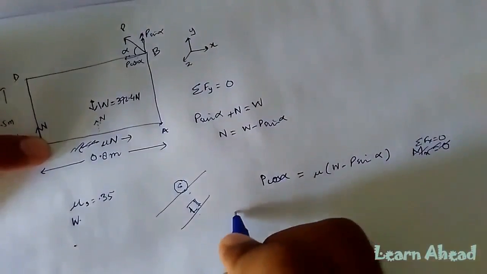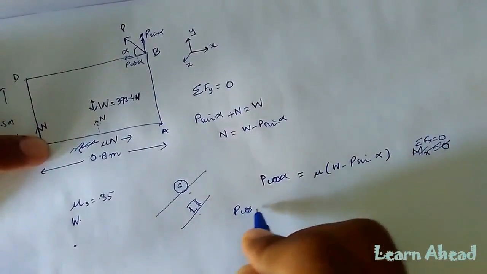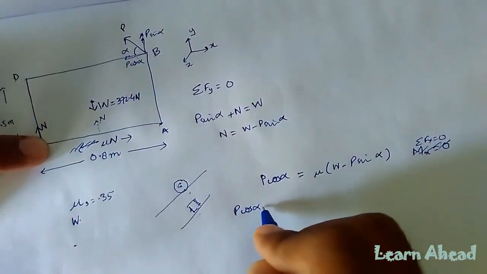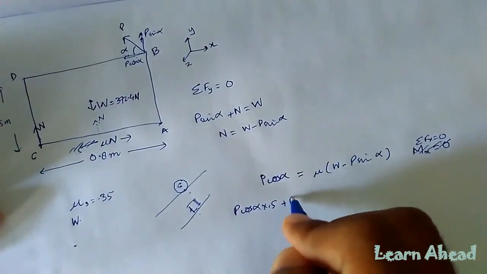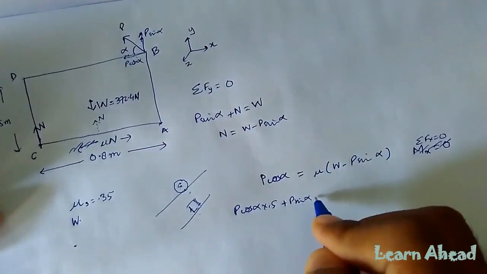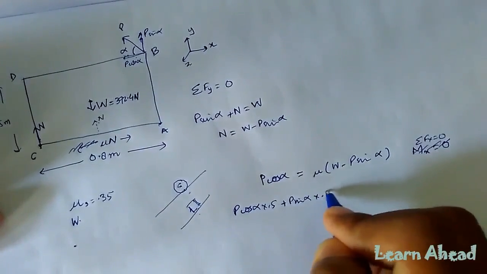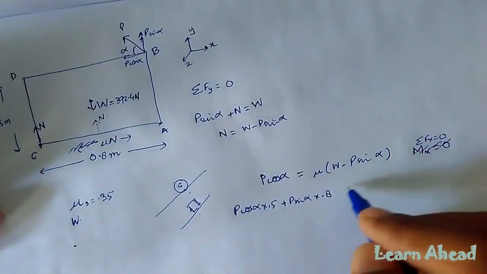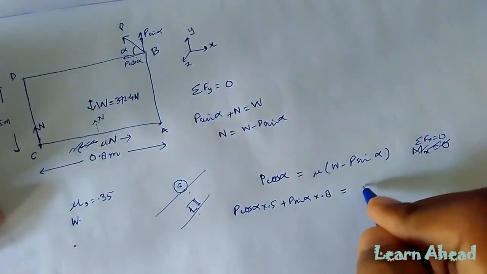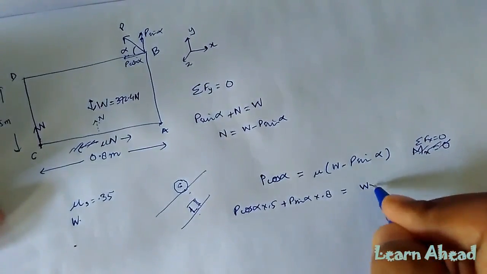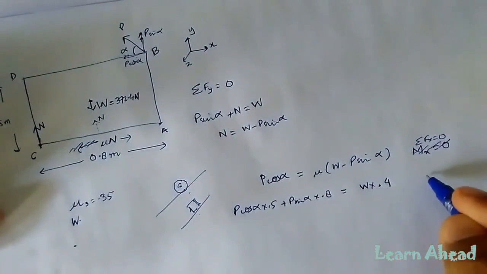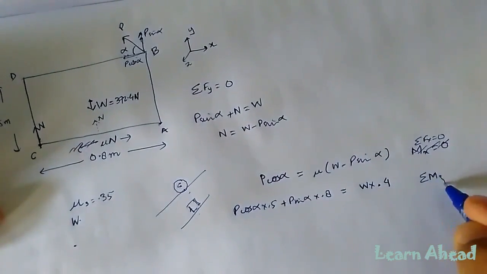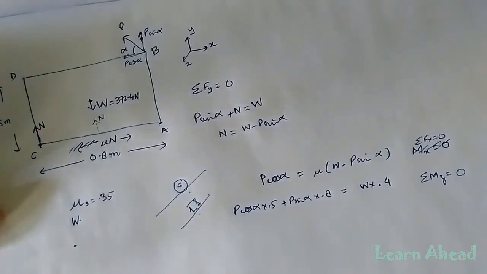So I write this, obtained by sigma Mz is equal to 0.